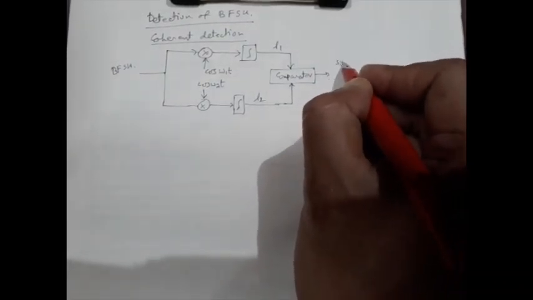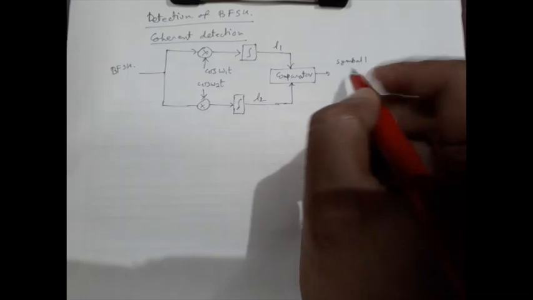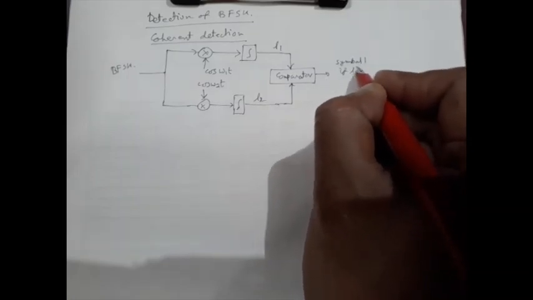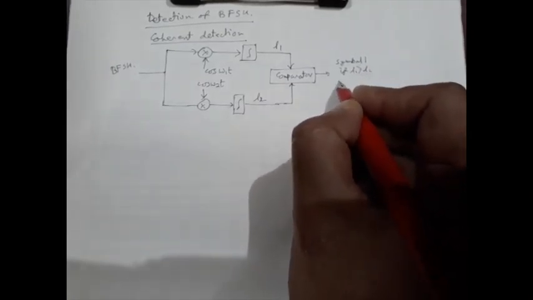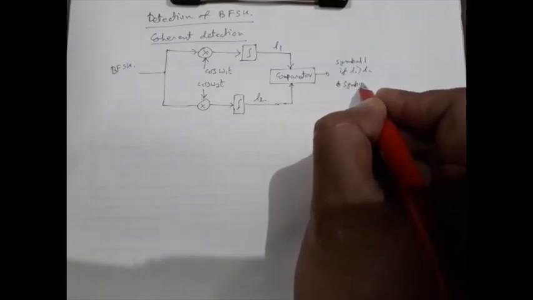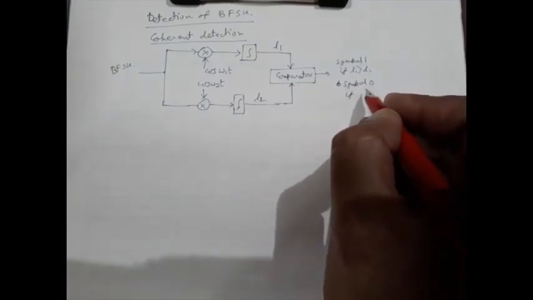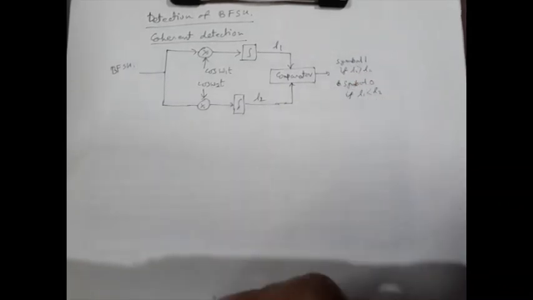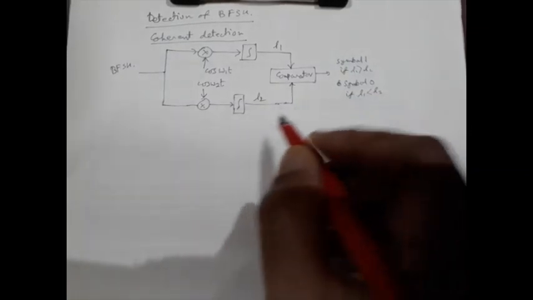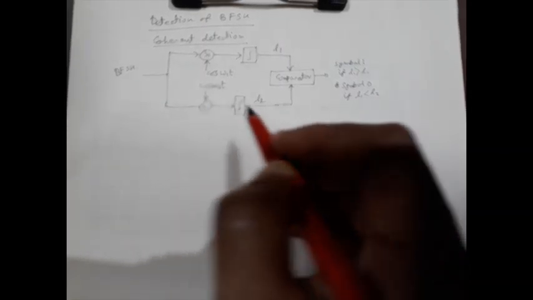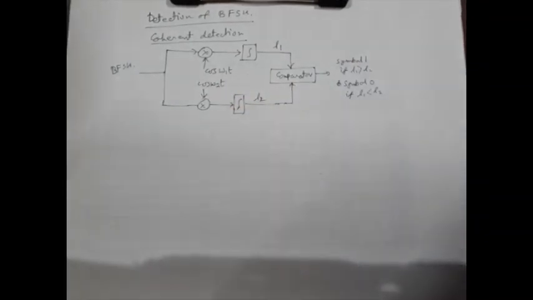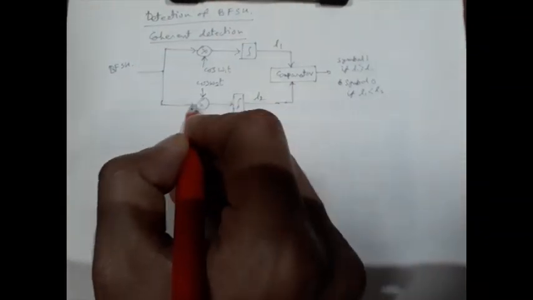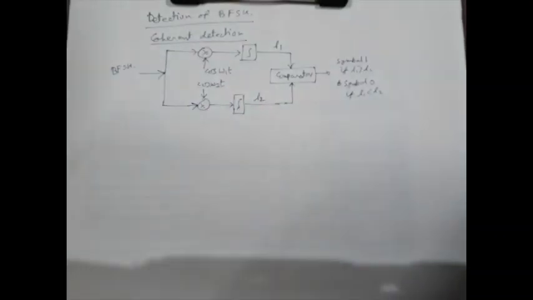So based on that we will decide symbol 1 if L1 is greater than L2, and symbol 0 if L1 is less than L2. So this is how it works. Obviously it requires phase lock for both the carriers and bit synchronization for those integrators, but the performance of this system obviously is better compared to the non-coherent technique.